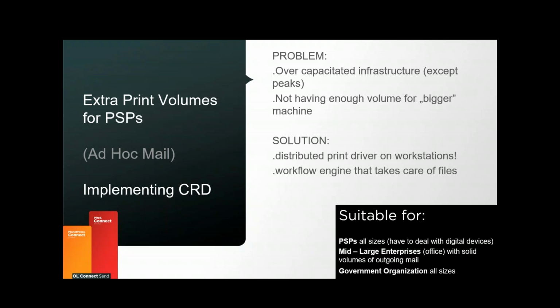But the issue with these companies is that they are over capacitated. So most of the month they are running low on their infrastructure capacity, and only in the peak season they are utilizing all of their capacity.